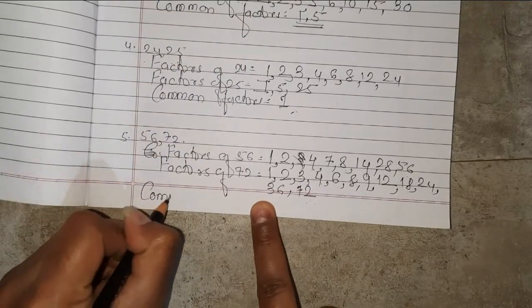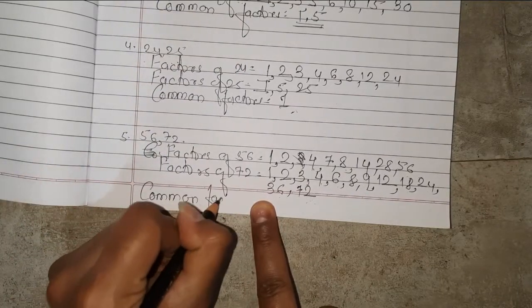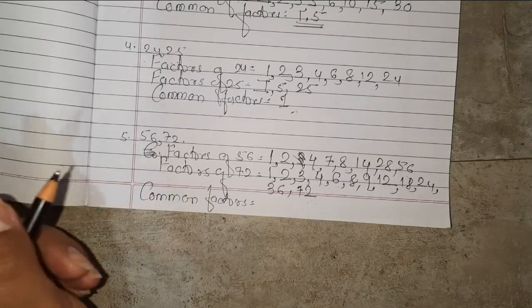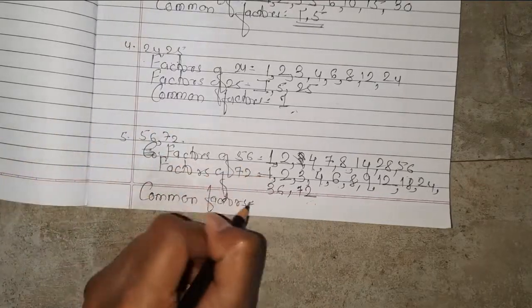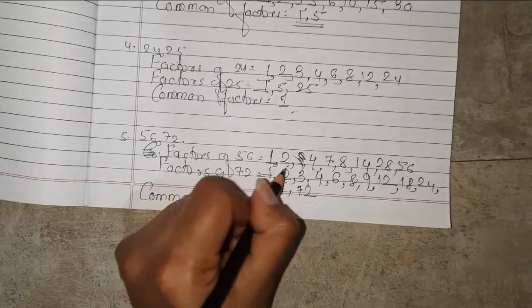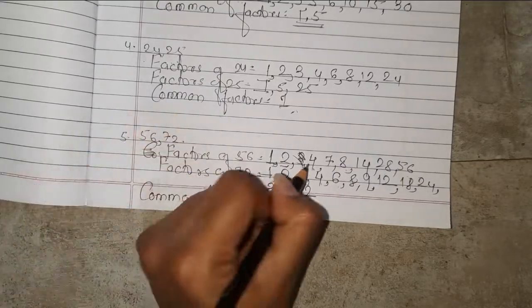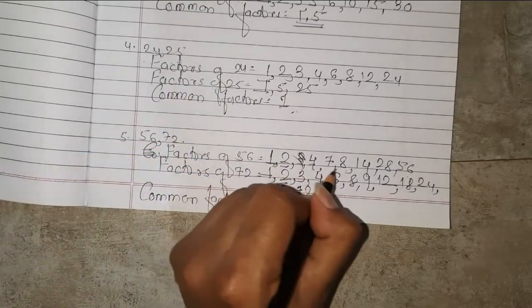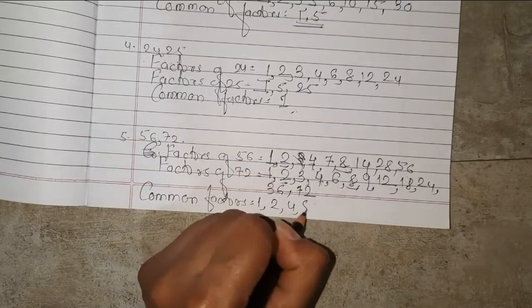Now common factors. Common factors are 1, then 2, 4, 8.